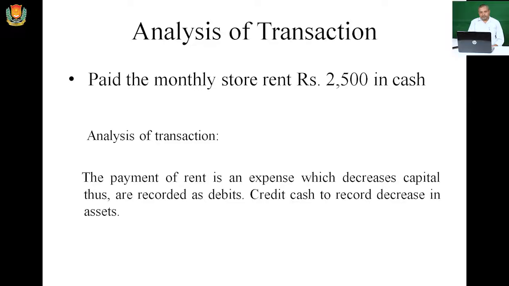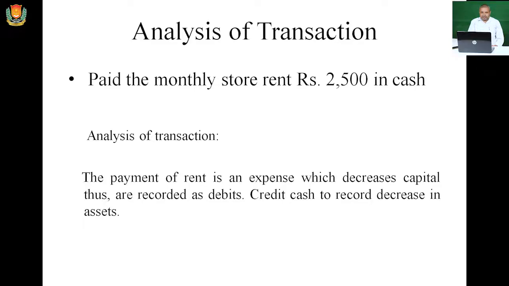We can analyze any transaction from both the angles, either from personal, real and nominal accounting point of view, or from the angle of modern approach. So first we come to traditional approach, in which accounts have been classified into three categories: personal, real and nominal.